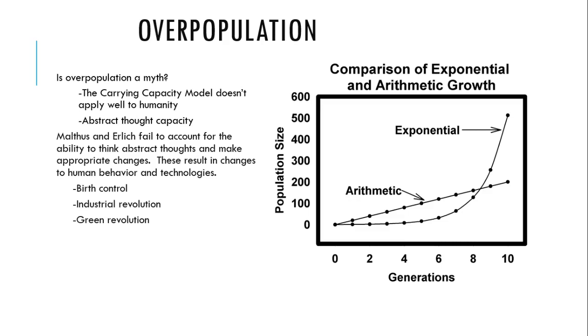You see, what Malthus actually predicted was an arithmetic level of growth in our food supply. But what we actually experienced was an exponential growth in our food supply. And Ehrlich, too, seems to get tripped up by these same sorts of mistakes.